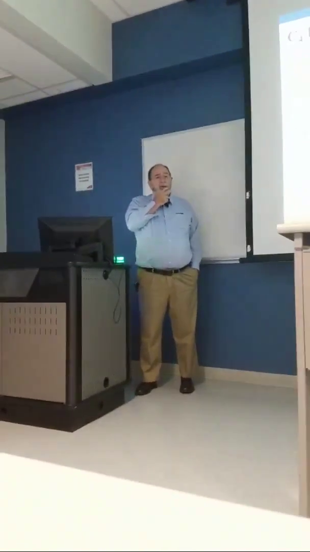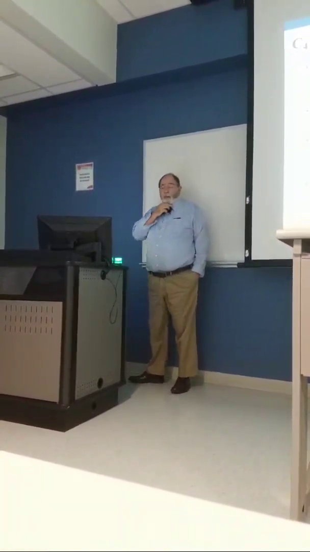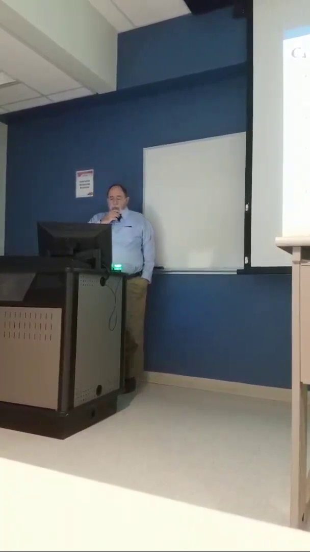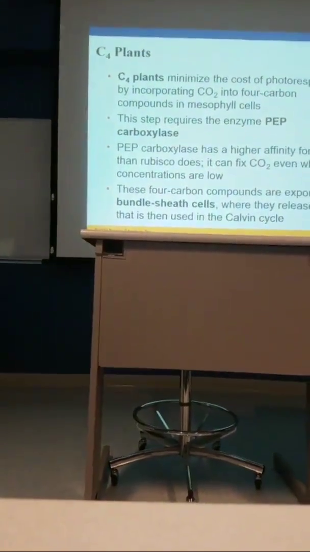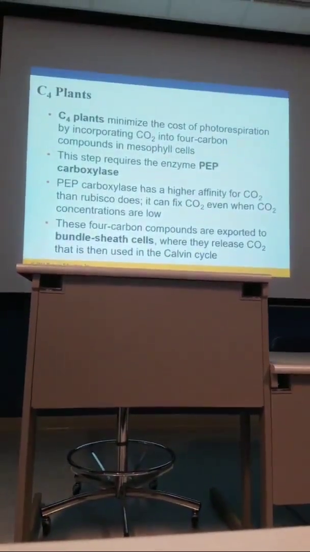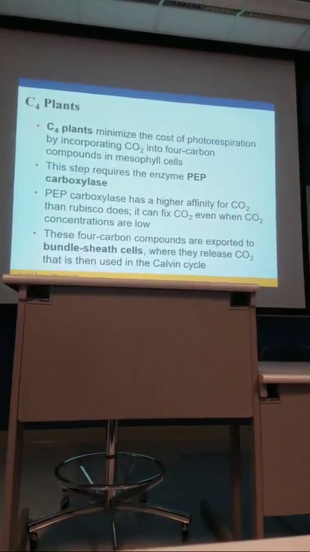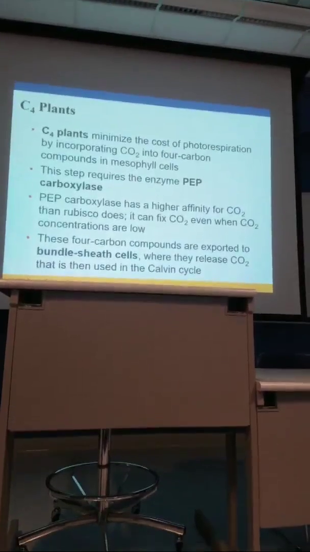They have found a way to store that carbon dioxide by making other compounds out of it that won't be harmful. This step requires an enzyme, PEP carboxylase. PEP carboxylase has a higher affinity for carbon dioxide than Rubisco does. It can fix carbon dioxide even when carbon dioxide concentrations are very low.